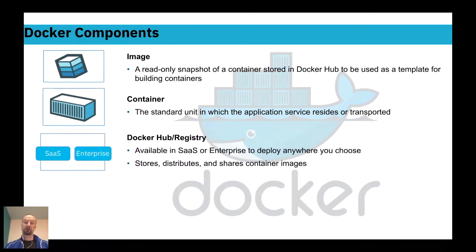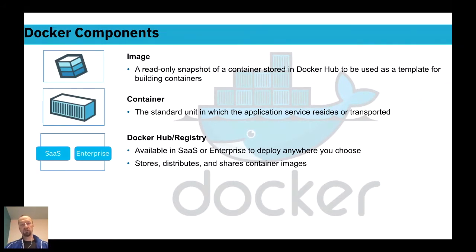And then in the Docker Hub or registry, you can keep your resources. You can store and distribute your container images. IBM Cloud has its own registry. Docker Hub is another place that you can store your images. And both of them have a free tier that you can use as a developer.